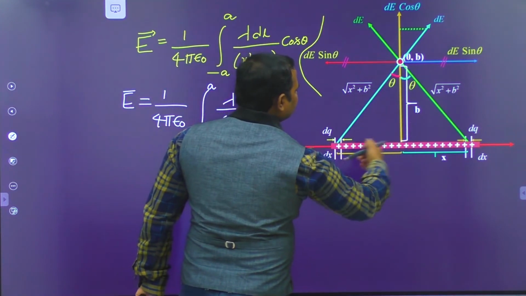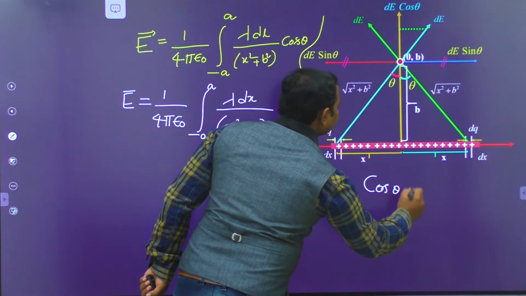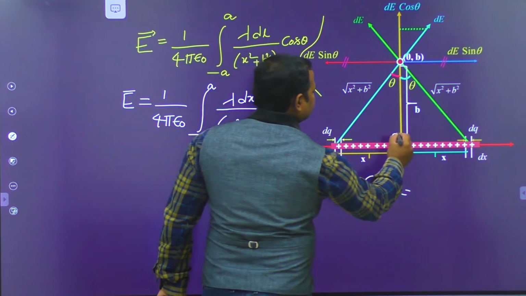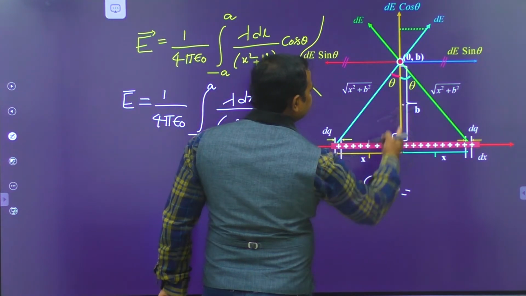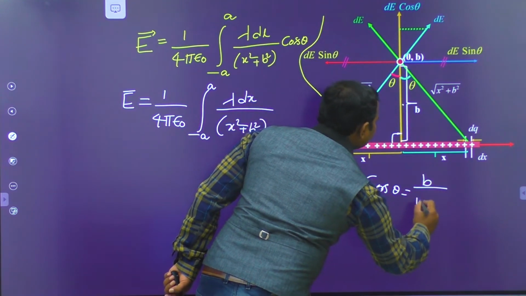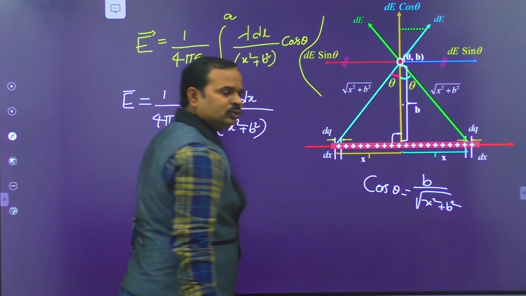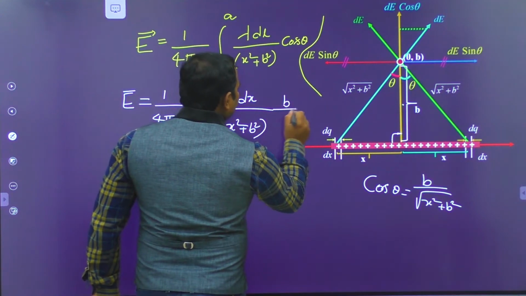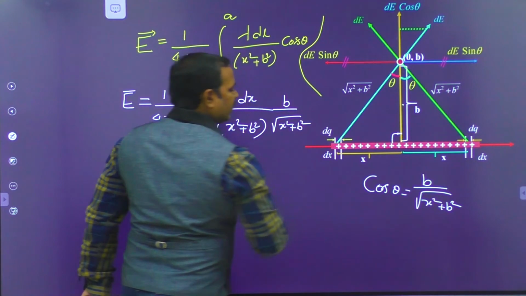From this diagram, cos θ is equal to, this is the angle θ and this is the 90 degrees right angle triangle. So here cos θ is equal to adjacent side by hypotenuse, b by root of x² + b². So now let us substitute the cos θ value here: b by root of x² + b².